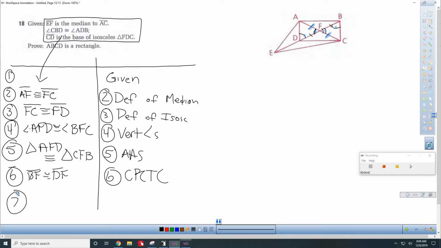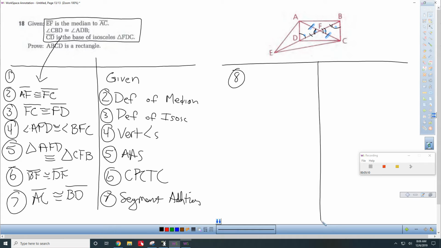Then I can say AC is congruent to BD by segment addition. Then I can say that step 8, ABCD is a rectangle.